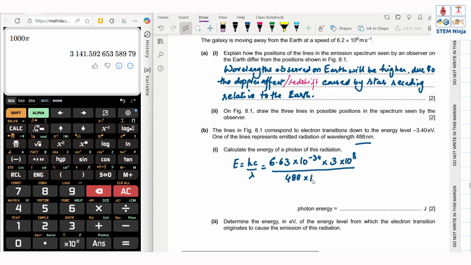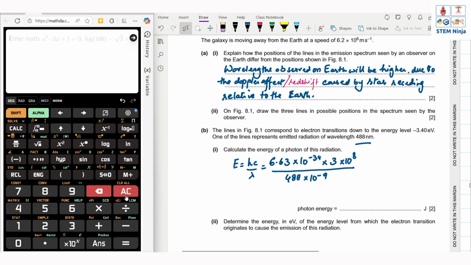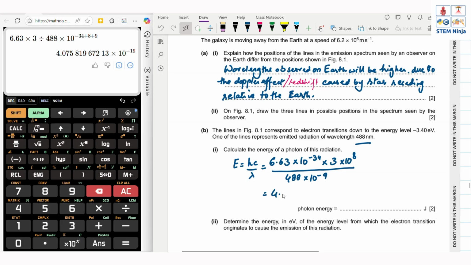So 488 times 10 raised to power minus 9. So 6.63 times 3 divided by 488 times 10 raised to power minus 34 plus 8 plus 9. You get this value, 4.075 times 10 raised to power minus 19, which you can write as, since the values that we have are in three significant figures, 4.08 times 10 raised to power minus 19.